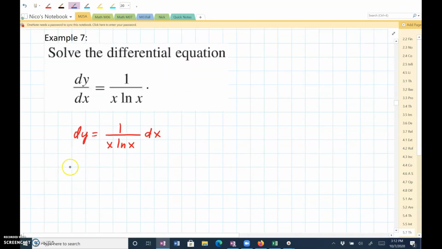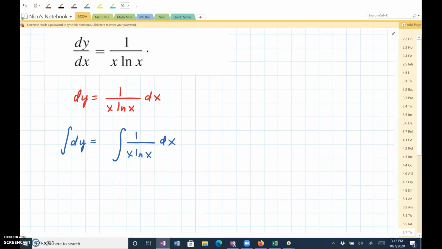Next, I'm going to take the integral of each of these differentials. Alright, we know the antiderivative of 1 with respect to dy is going to be y plus c sub 1.